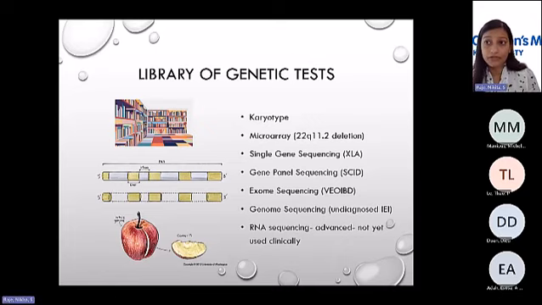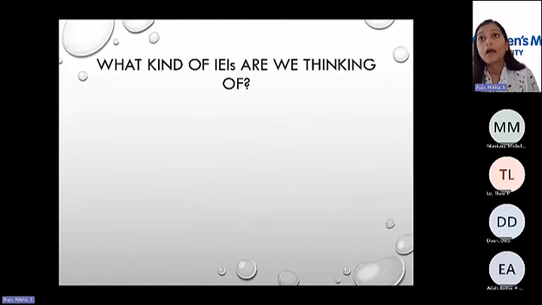So that's your typical workup. Sometimes the genetic testing can give you some clues, and you may need the second layer of RNA sequencing to clear up some of the questions that might come up.